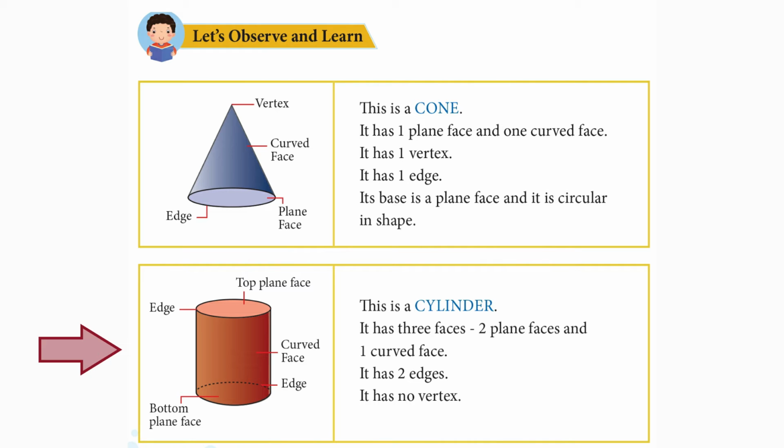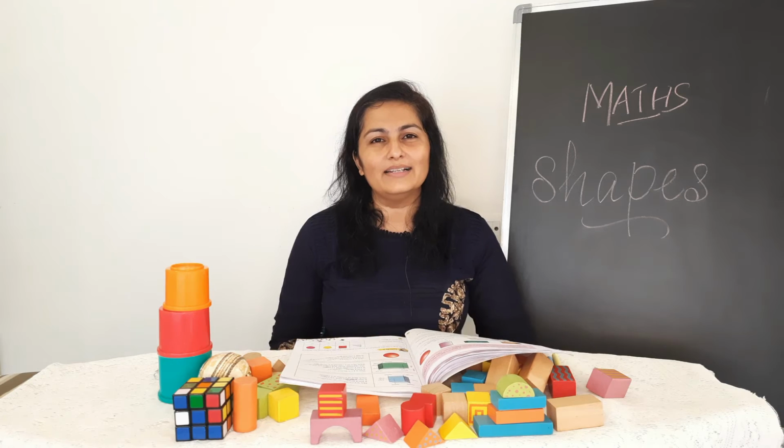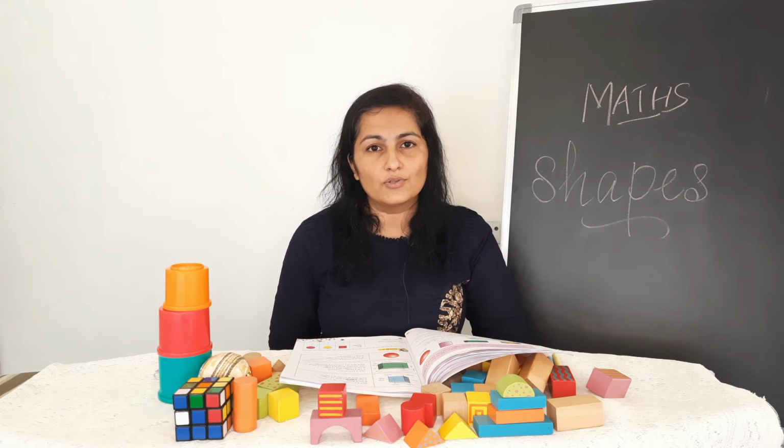The edge on the top is connecting the curved face and the top plane face, and the second edge is at the bottom. And the cylinder does not have a vertex. Now, did you understand a little bit better about cylinders? Alright, we'll move on to cube.